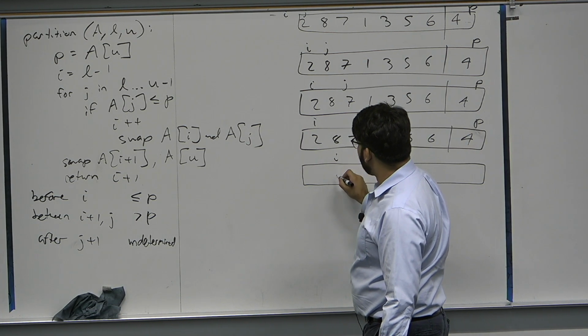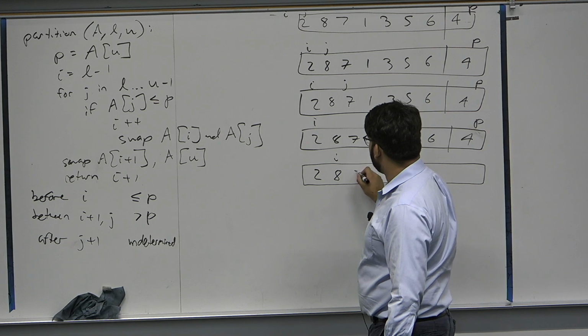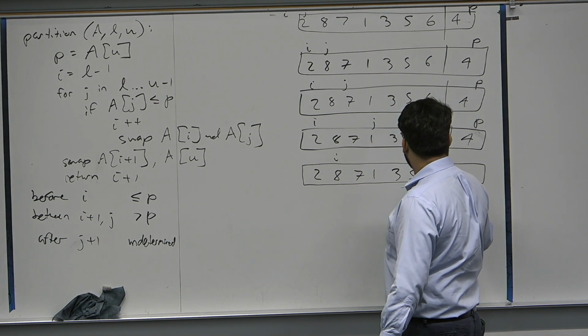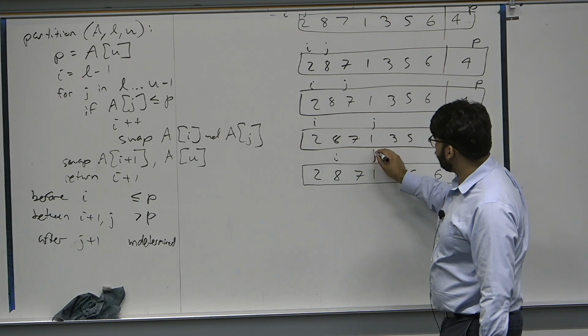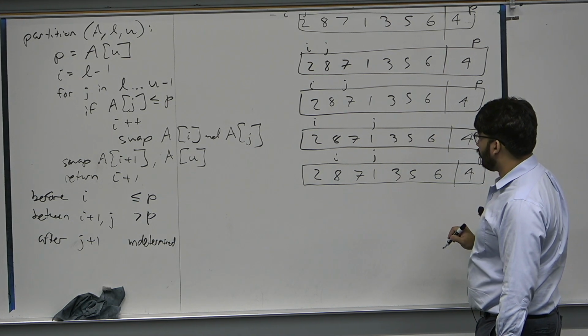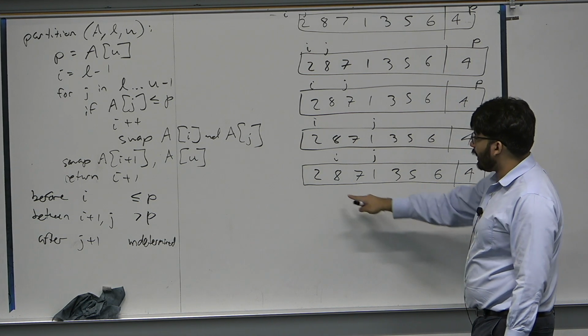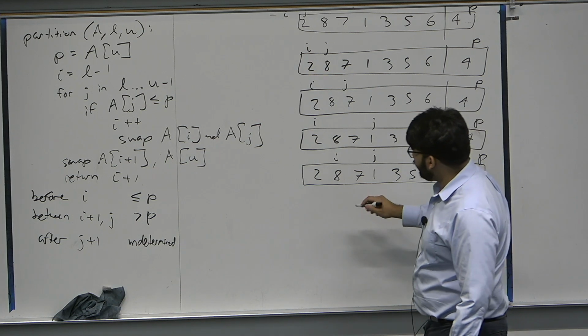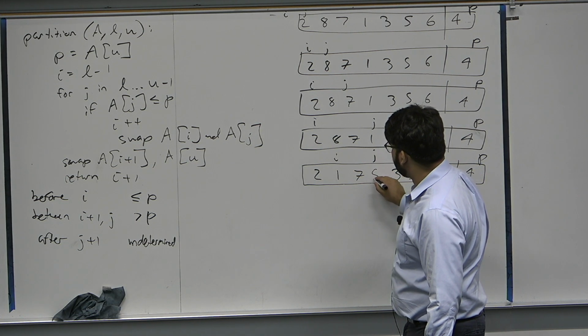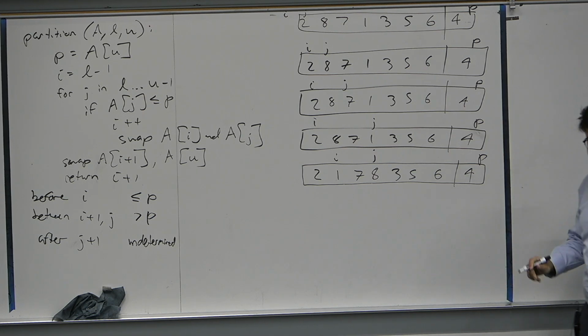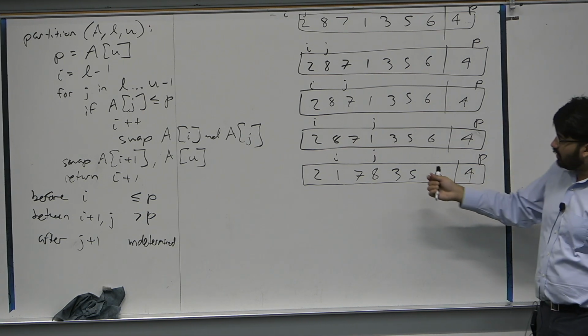So I is going to be incremented. Okay. J is here. We're going to swap I and J. So this is going to become 1, and this is going to become 8. Right? Notice how this kind of has a flooding property.